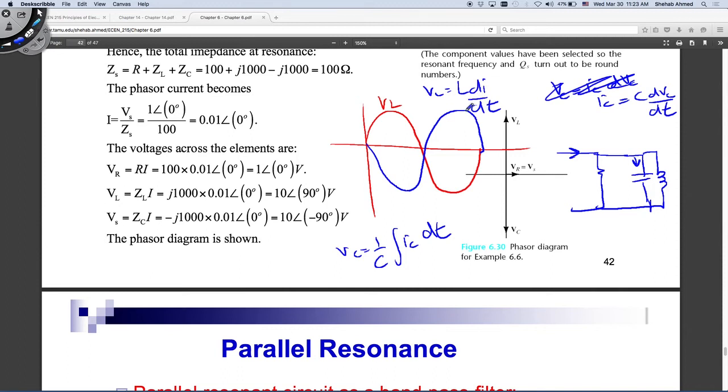So let's say I have a sine wave. That is my current. If I differentiate, I shift by 90 degrees. If I integrate, I shift by 90 degrees in the other direction. The derivative of sine is a cosine, the derivative of cosine is a minus sine. So one is shifted by 90 degrees in one direction, one is shifted by 90 degrees in the other direction.